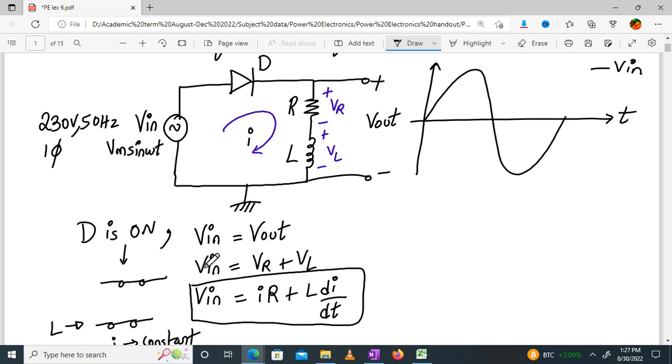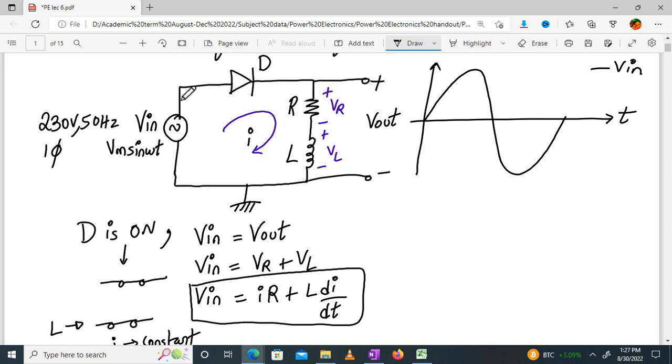Okay, fine. Now, as soon as I apply an input voltage in the positive half cycle, this is my positive half cycle, right? My current starts flowing. Why? Because the diode is on. I am using a power diode, so I am neglecting the turn on voltage of the diode, which may be around 1 or 2 volts, and this is around 230 volts.